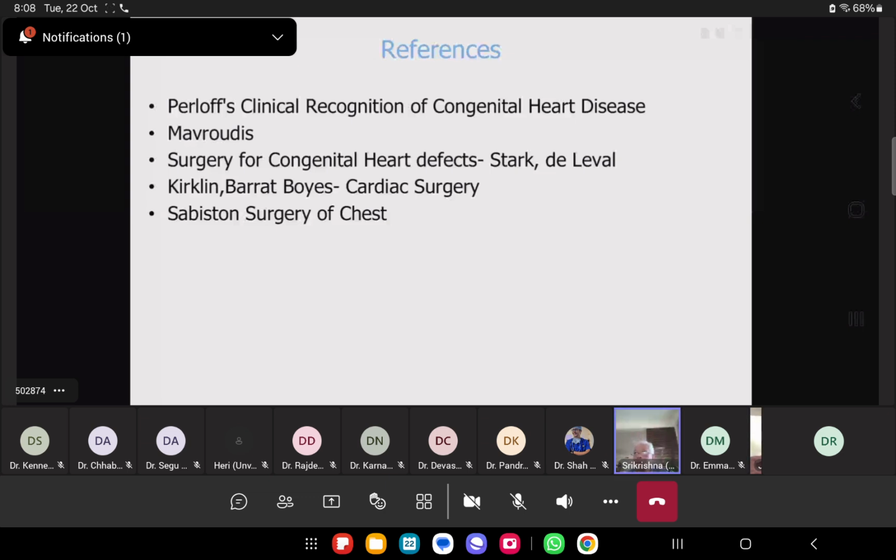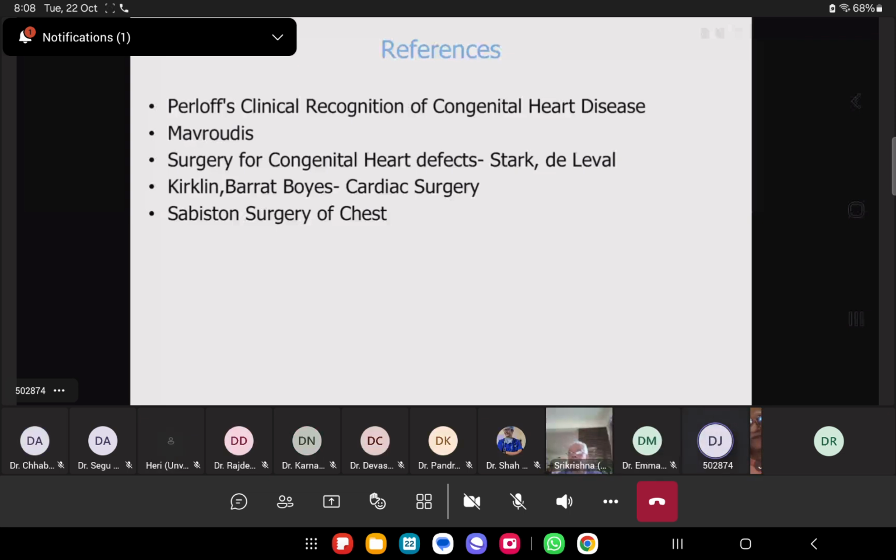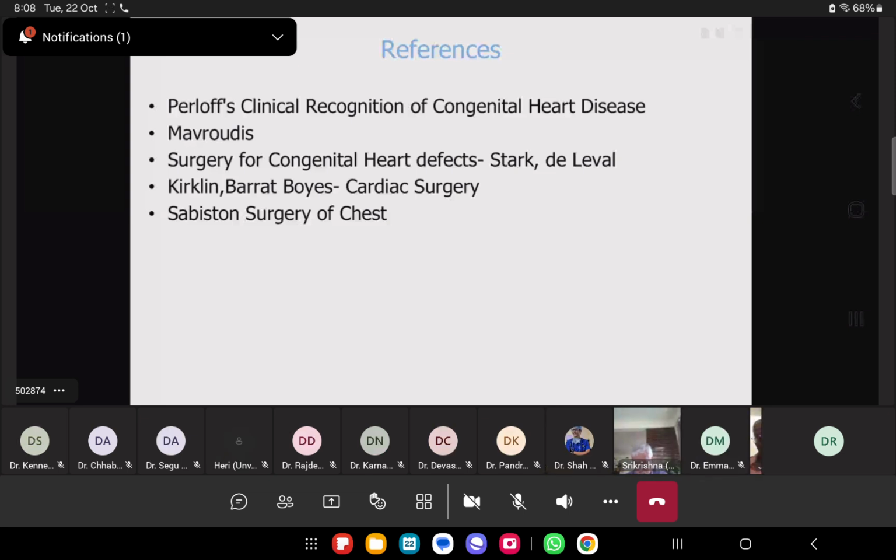First, TAPVC. Transposition of great arteries, first thing. She said TGA, truncus, TAPVC, and tricuspid atresia. Yes, sir, and right pulmonary artery. Yes, 4 T's and 2 A's.